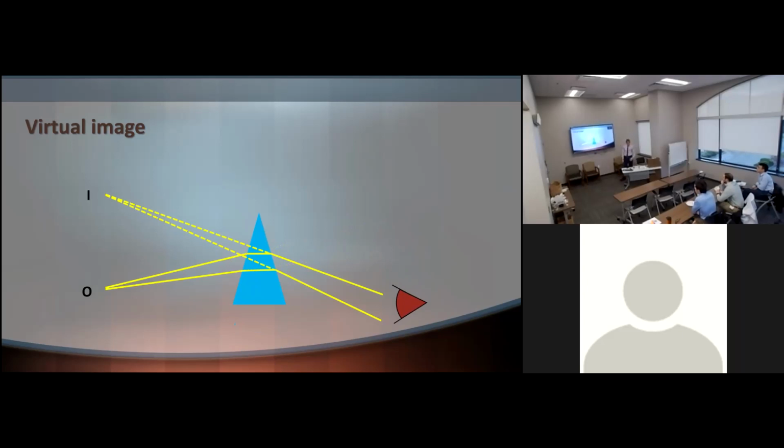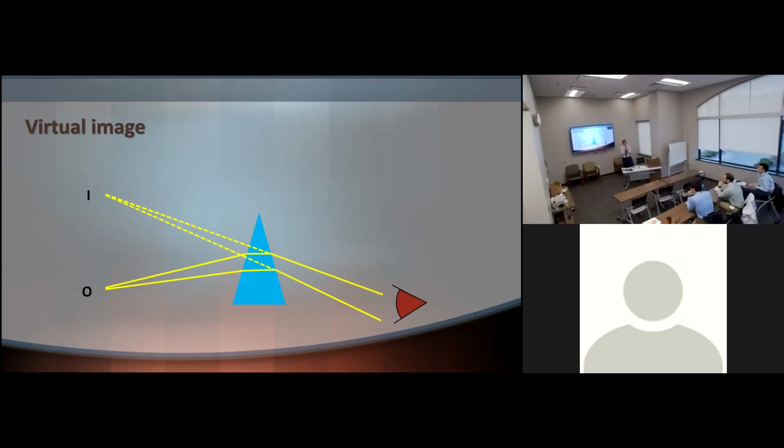Just like when you look at a mirror, you do not see the actual real image. You are seeing the image that's formed by the reflected rays from the mirror, right? The same thing happens here. A virtual image is the image that we see that is formed from the virtual connection of the rays that are refracted or reflected from the object, whereas the real image is formed by the actual refracted rays.